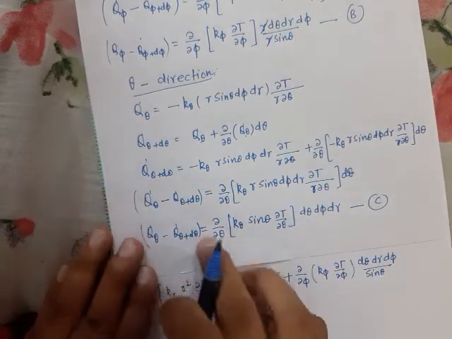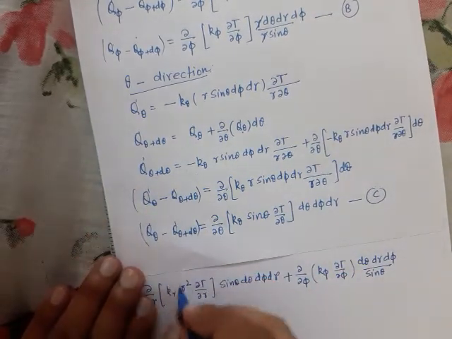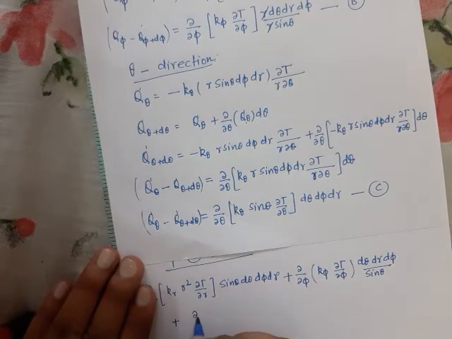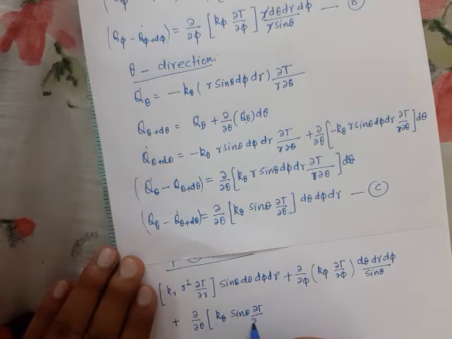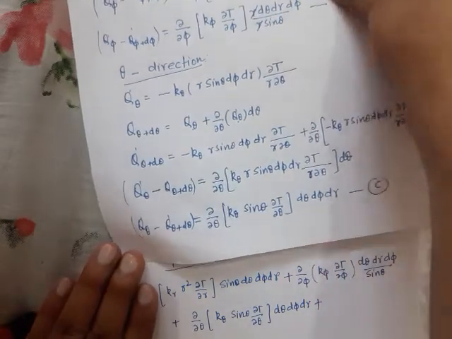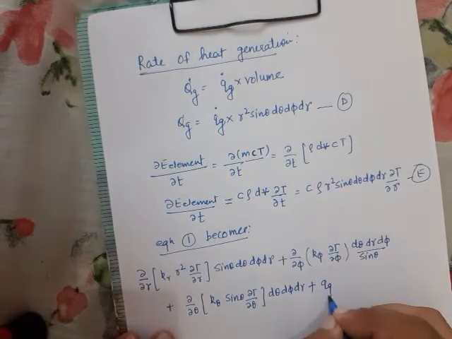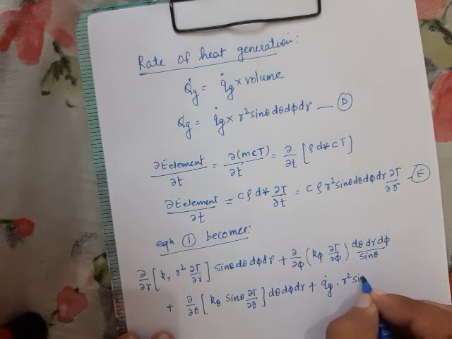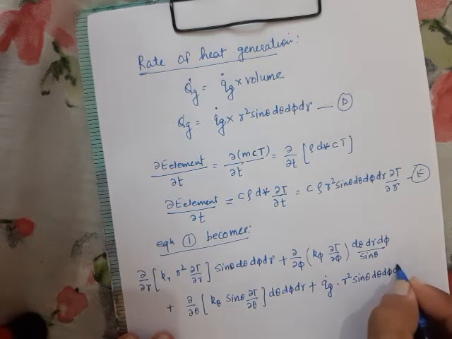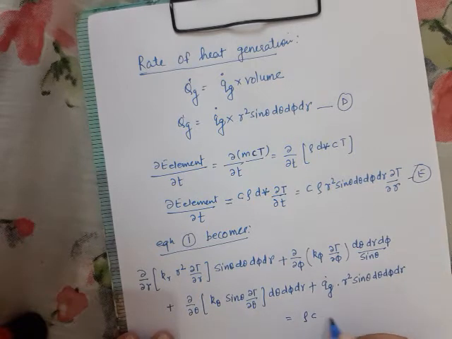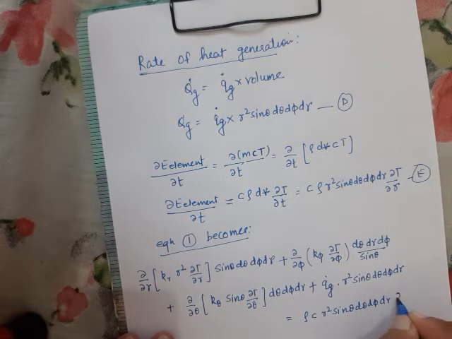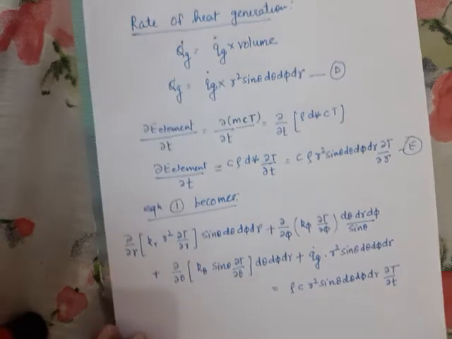Okay, and the value q theta minus q theta plus d theta is plus del upon del theta k theta sine theta del T upon del theta d theta d phi dr, plus rate of heat generation. Rate of heat generation is this Qg multiplied by volume R square sine theta d theta d phi dr, is equal to rho C R square sine theta d theta d phi dr multiplied by del T upon del t.